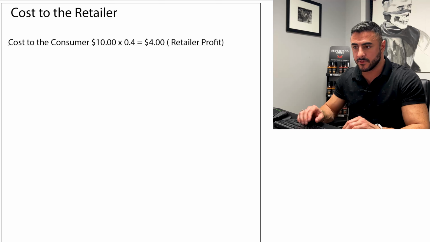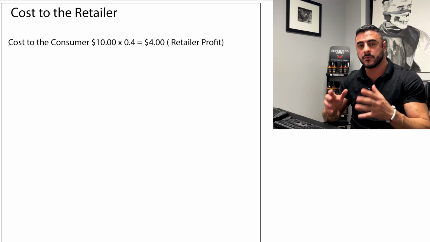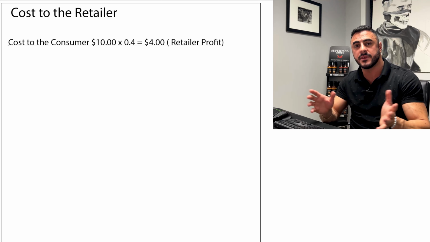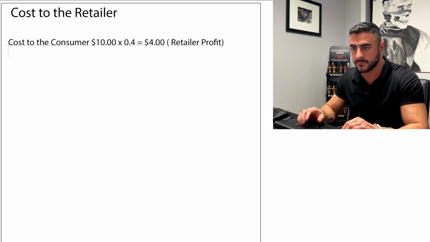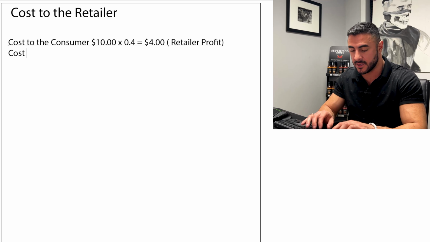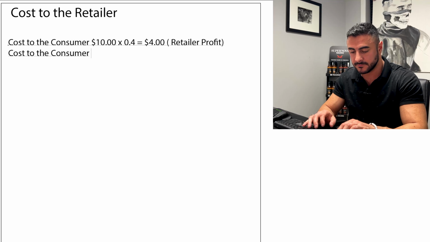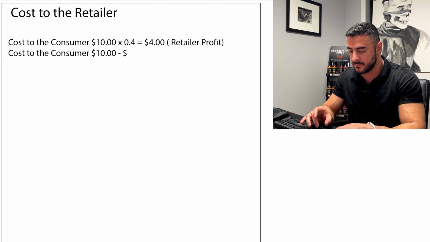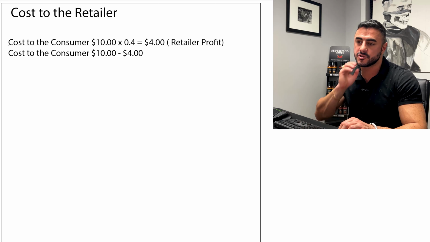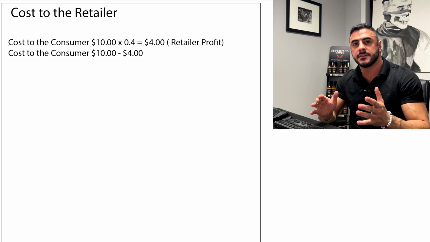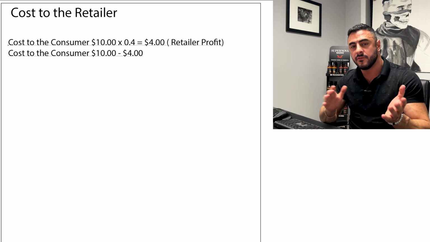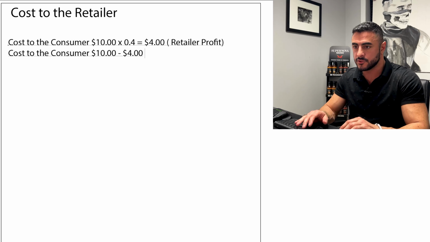Now, the next thing we have to figure out is what we're going to sell our product to the retailer for in order for them to make that $4. So we start with the same number again, cost to the consumer, $10, and now we're going to subtract our retailer profit. Out of the $10 that they sell it to the customer for, $4 is their profit. So if you subtract $4 from $10, we end up with $6.